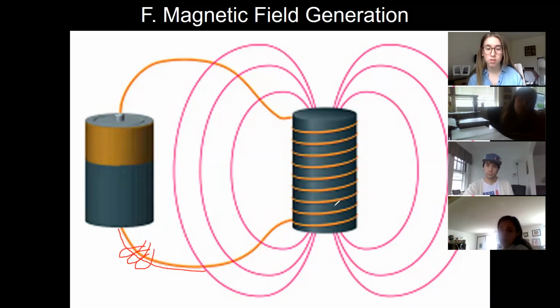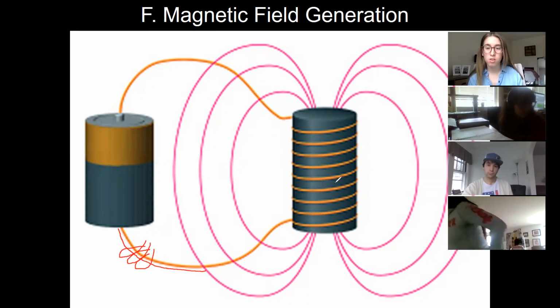However, if you were to wrap your coil of wire around a ferromagnetic metal, such as a lump of iron, iron is not by default magnetized, but it is ferromagnetic, which means it is capable of becoming magnetized in the presence of a magnetic field.